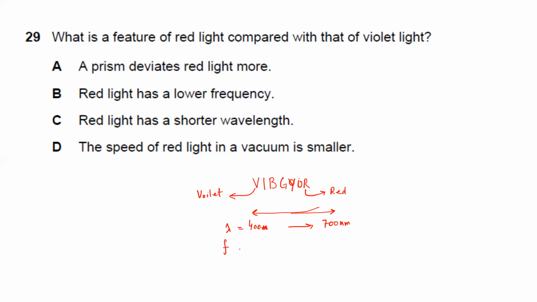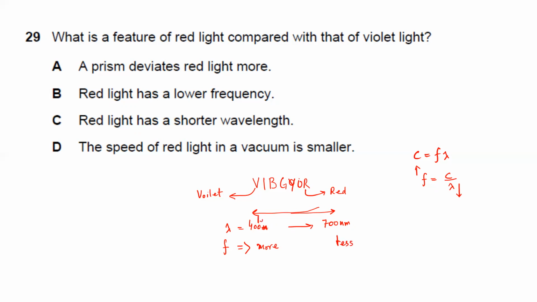And if we have to write down the frequency, remember c equals f lambda. c is constant, so frequency is inversely proportional to wavelength. So shorter, smaller wavelengths will have more frequency. So the frequency for violet is more, red is less.